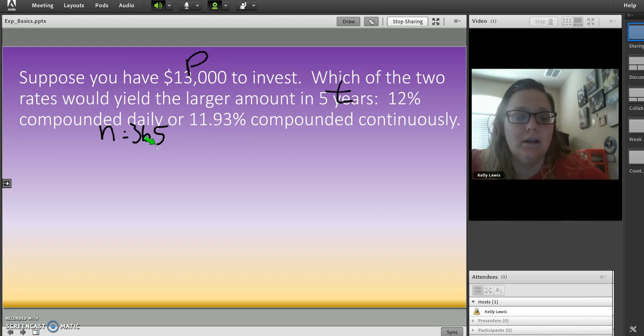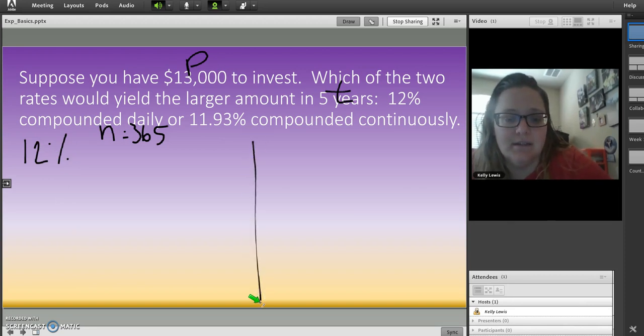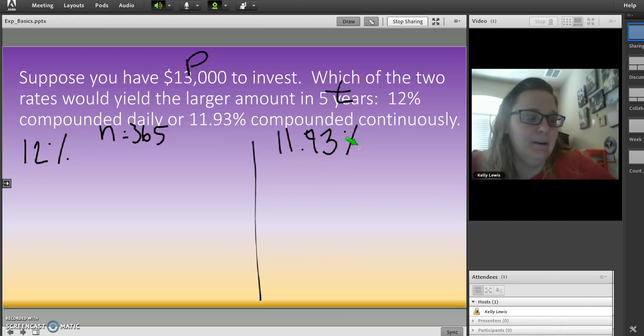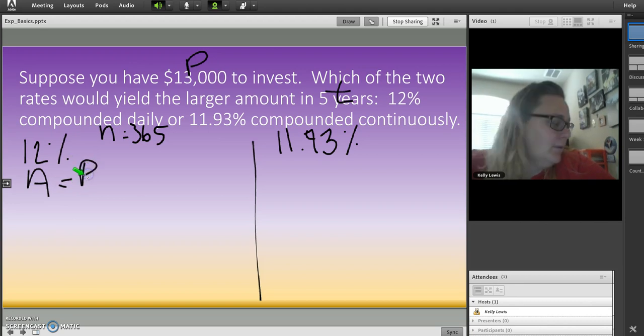Or compounded continuously at 11.93%. All right, so let's do the 12% versus the 11.93%.